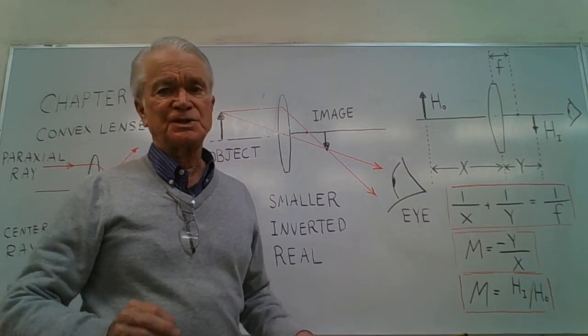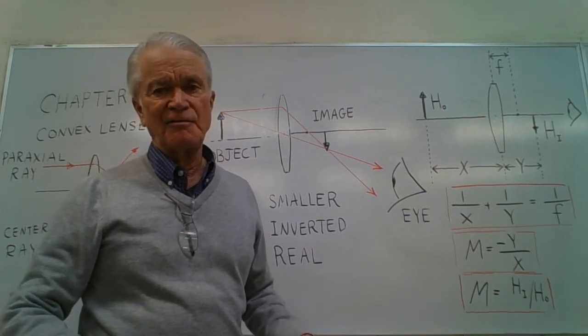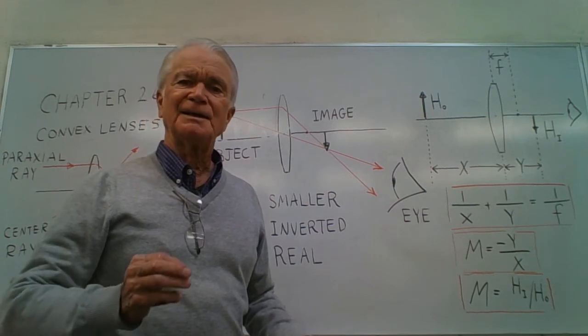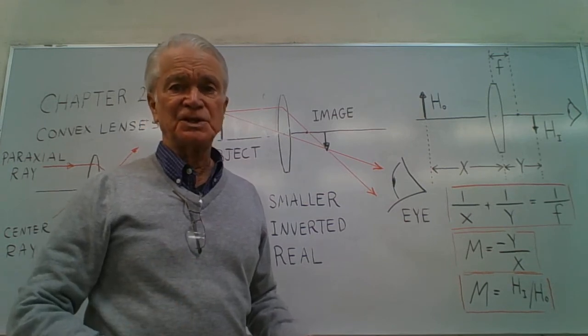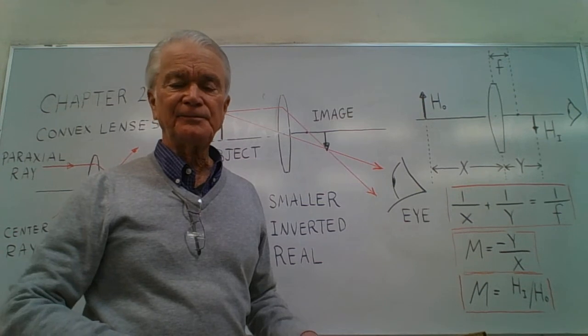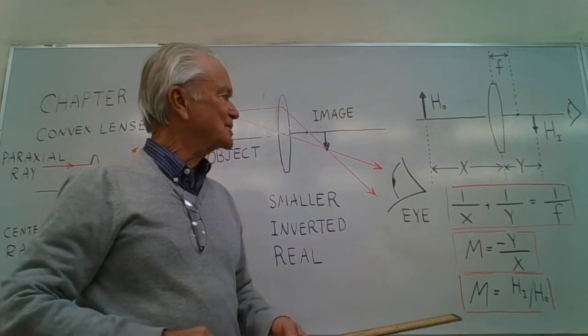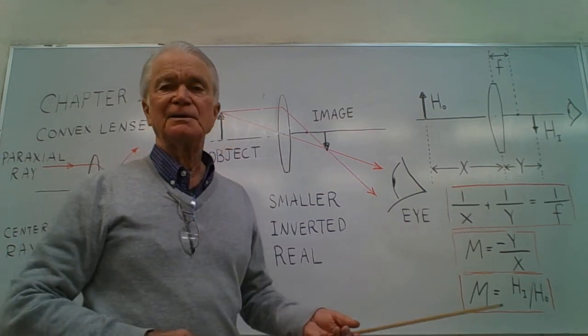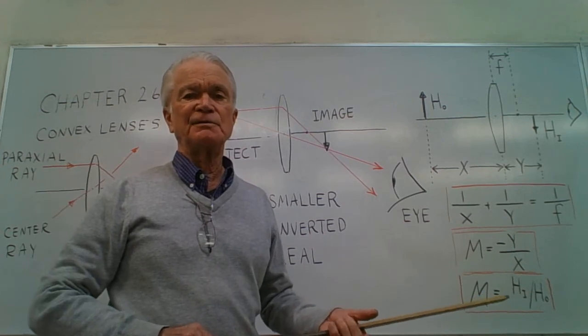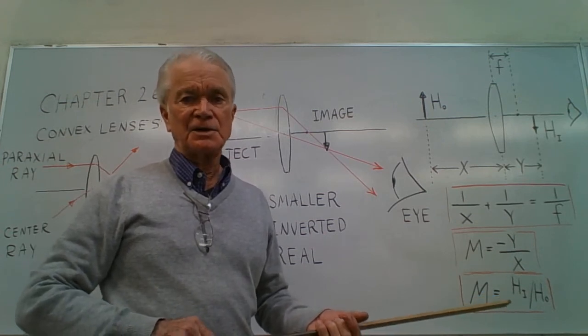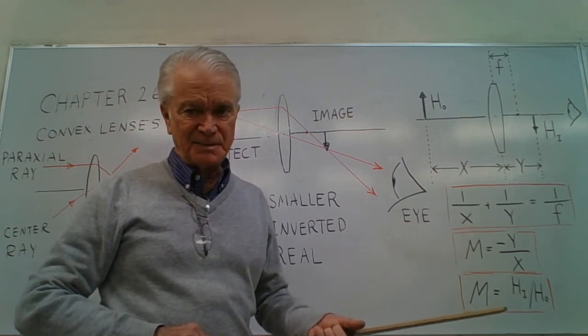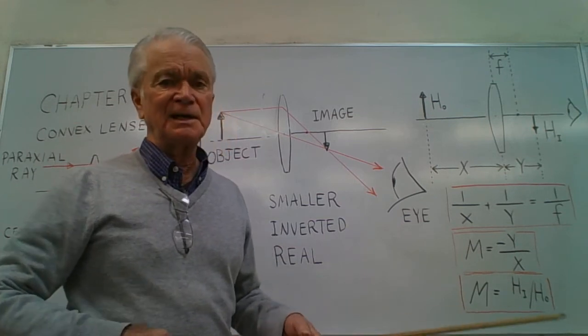Furthermore, if the image is not on the eye side, the value of y, the image distance, is negative. I'll have more to say about images being real versus not real in a coming lecture.